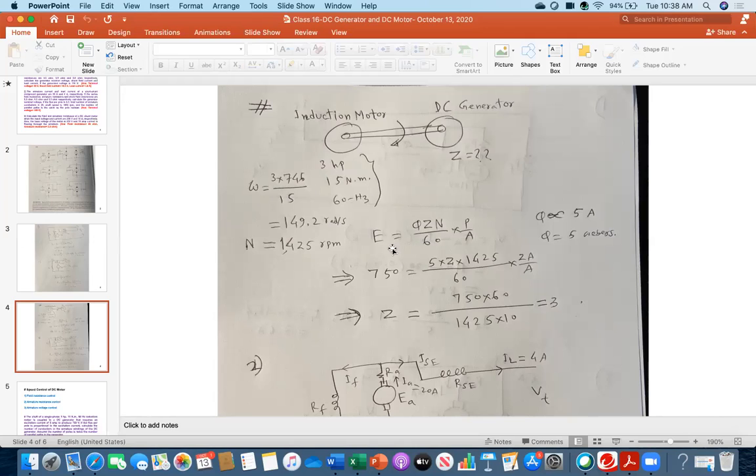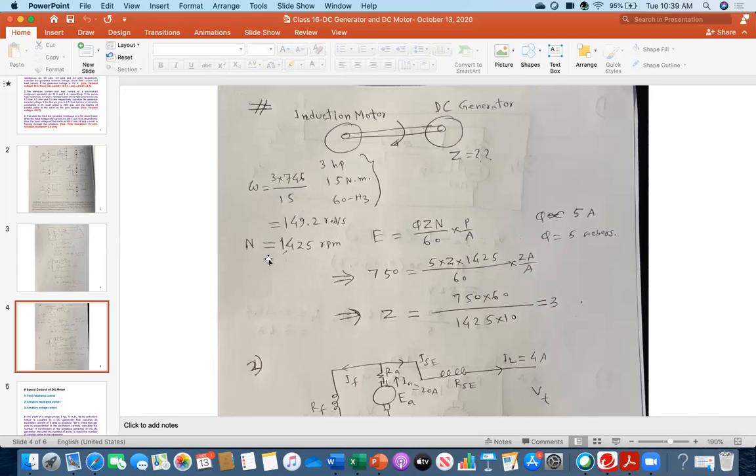And then first I have written down the equation, E = phi Z N over 60 multiplied by P over A. And on the right side, everybody see, phi is proportional to 5 ampere, and assuming proportionality constant 1, then it is 5 webers. On the left side, I am calculating omega: 3 multiplied by 746 over 15, and I got 149.2 radian per second.